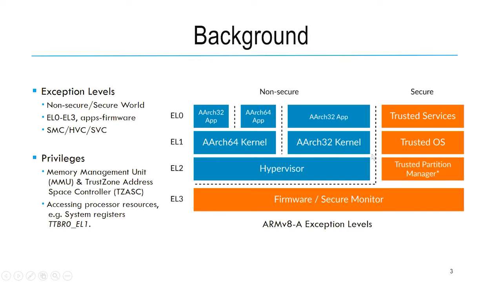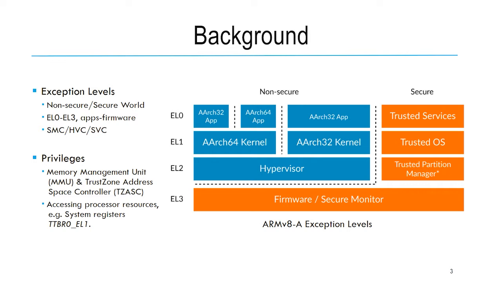EL3 is the most privileged one, which only resides in the secure world and is reserved for low-level firmware. The current exception level can only be switched when the processor takes or returns from an exception, and the SMC instruction can cause an exception to EL3 and the SVC instruction to EL1.